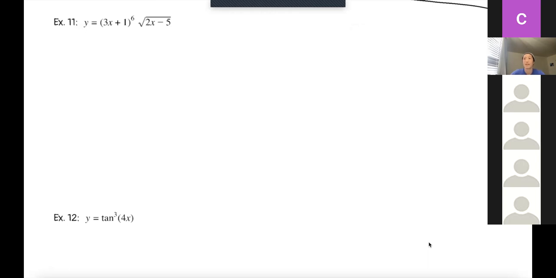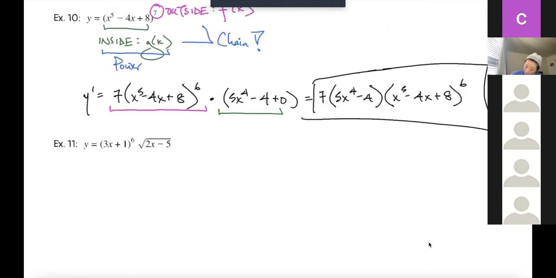Because we did it first last time. Because both of them have an inside and an outside. Good. And we have to find the derivative of each factor. Okay, cool.